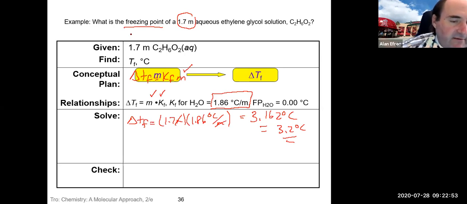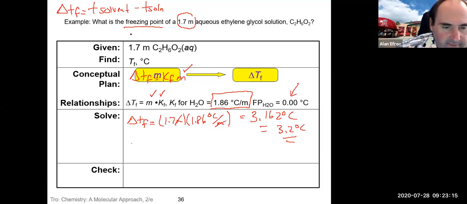Now, because this is freezing point depression, the change in the freezing point temperature is the temperature of the solvent minus the temperature of the solution. The solvent here is water, and the normal freezing point of water is 0 degrees Celsius. So if we use that formula, 3.2 degrees Celsius equals 0 degrees Celsius, where water usually freezes, minus the temperature of the solution.